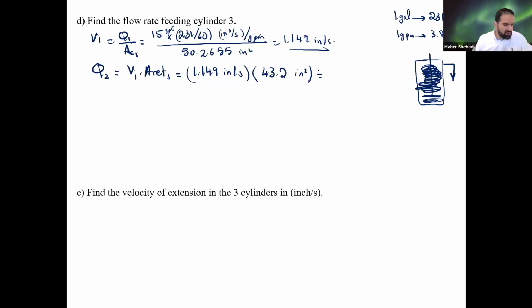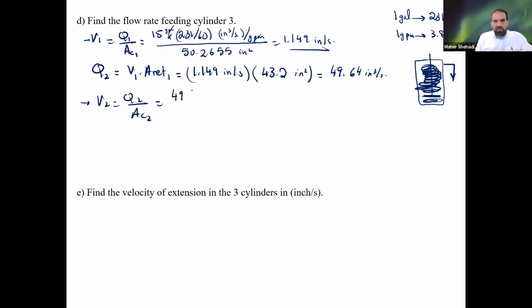So I should get now Q2, it's 49.64 cubic inch per second. So we'll repeat this, but for cylinder 2. Now V2 is Q2 over A cap 2.